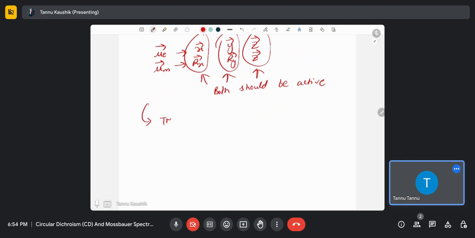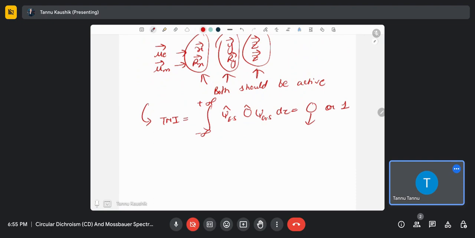So this kind of transition will be allowed when both dipole moments are active, and we will get either 0 or 1.